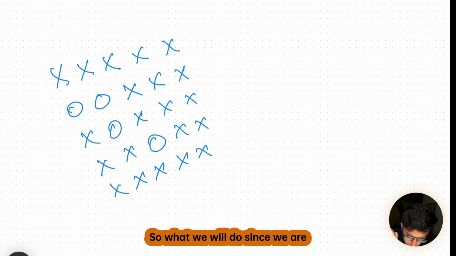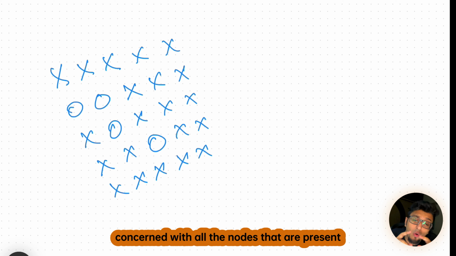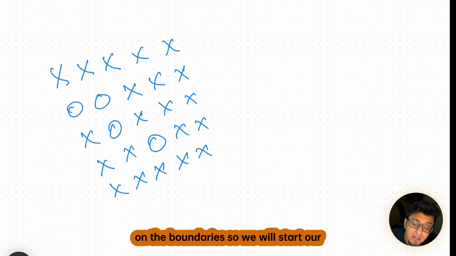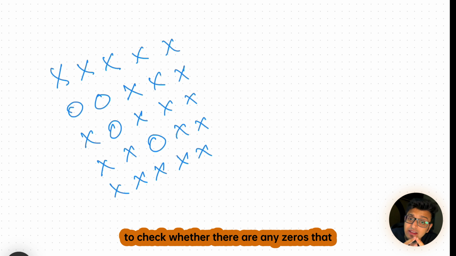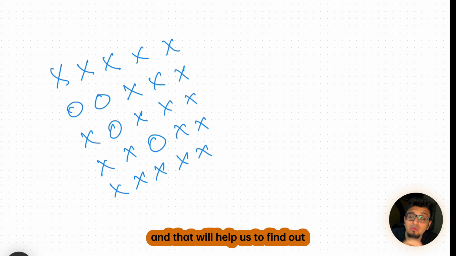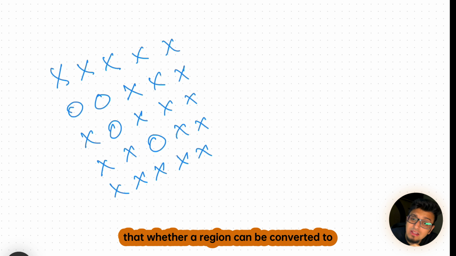Since we are concerned with all the nodes that are present on the boundaries, we will start our traversal from the boundaries and check whether there are any zeros present there, because that zero will be our culprit and that will help us find out whether a region can be converted to x or not.